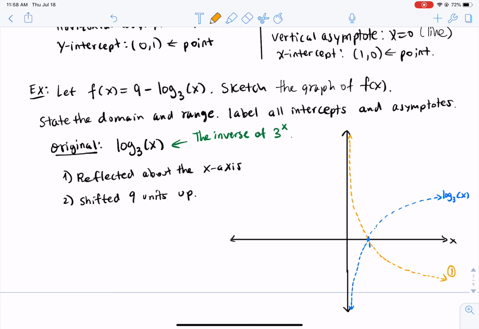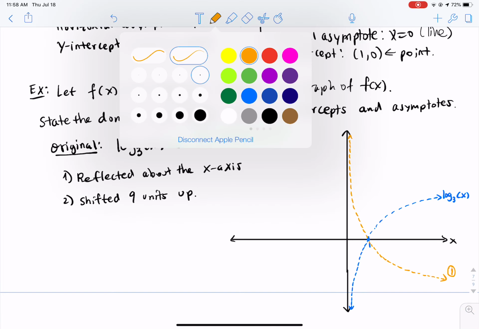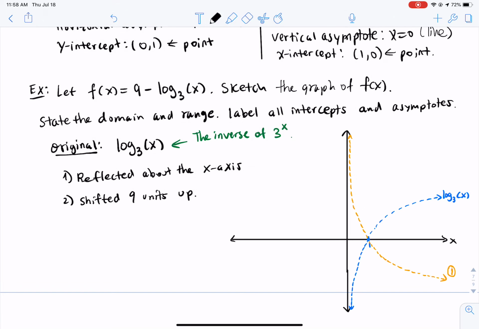What about the next one? Everything will be shifted up by 9 units. So the point (1, 0) that we had there, where is that going to go? It goes all the way to (1, 9). Just imagine 1, 2, 3, 4, 5, 6, 7, 8, 9. There's 9, and this is where the point is going to be. So how is the graph of this one going to look?